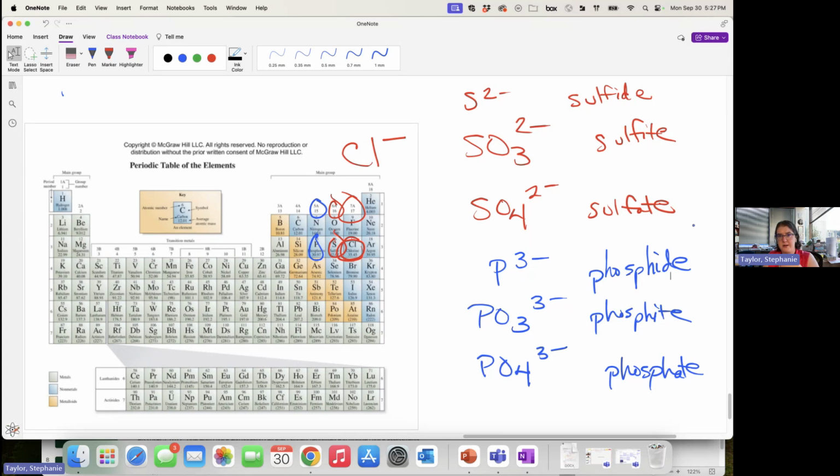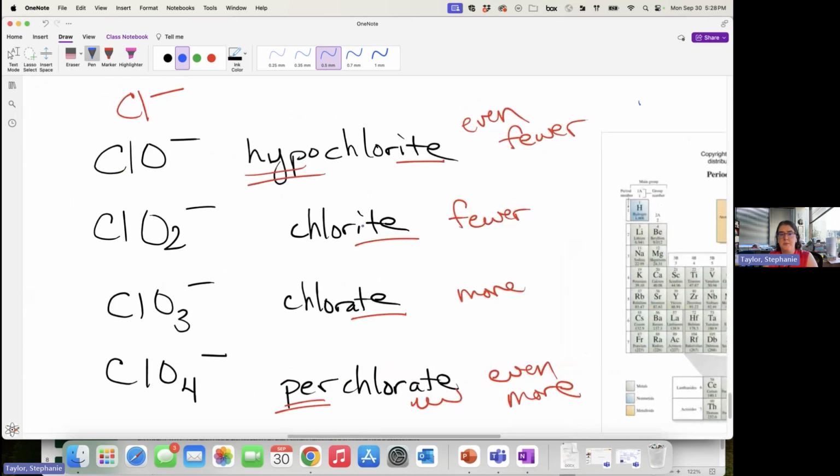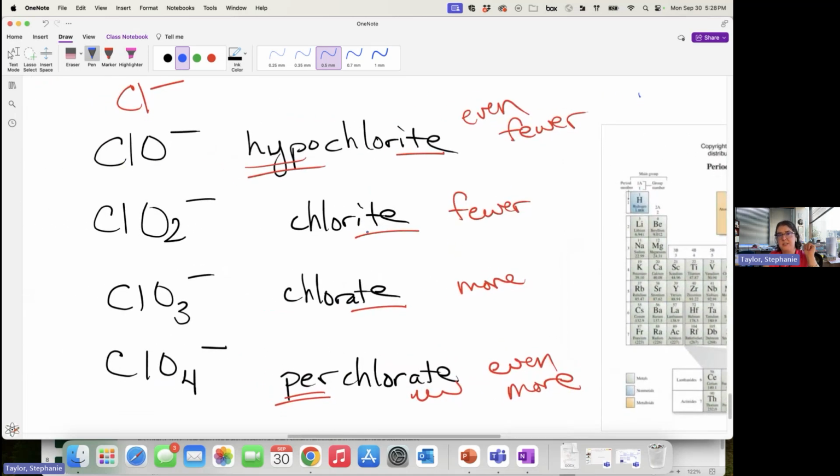So there are patterns. I think the person in the chat also asked, would I memorize them in that table order? No, actually I would not, because going back to my chlorine examples, the textbook puts them in alphabetical order.